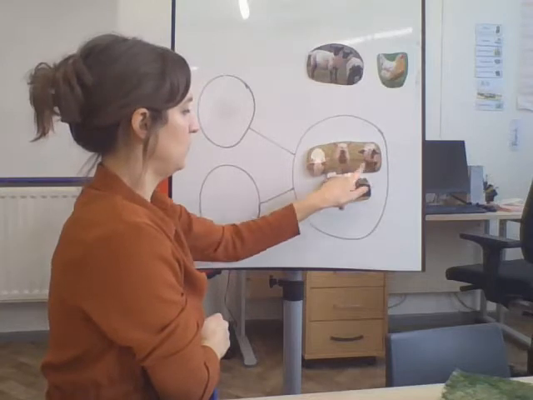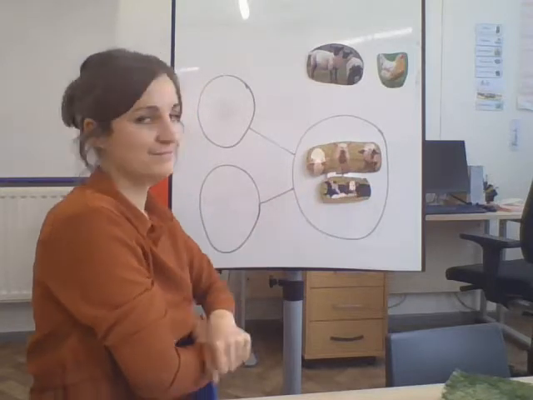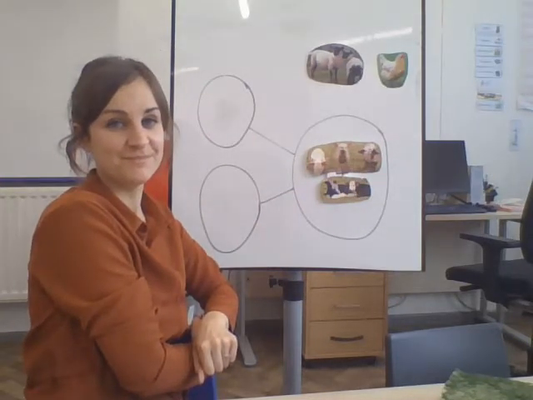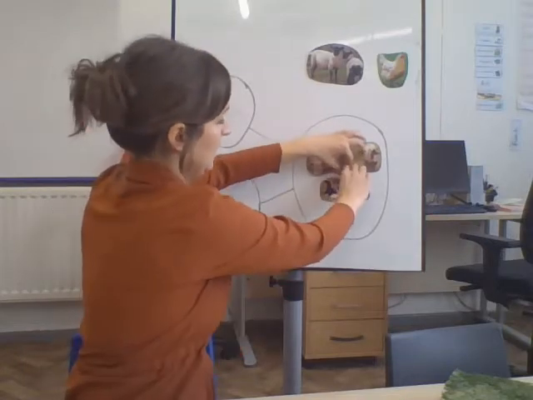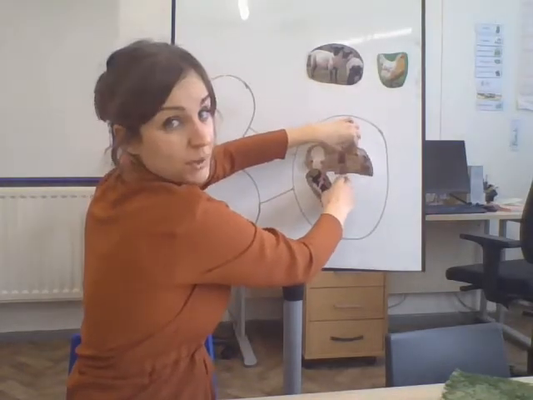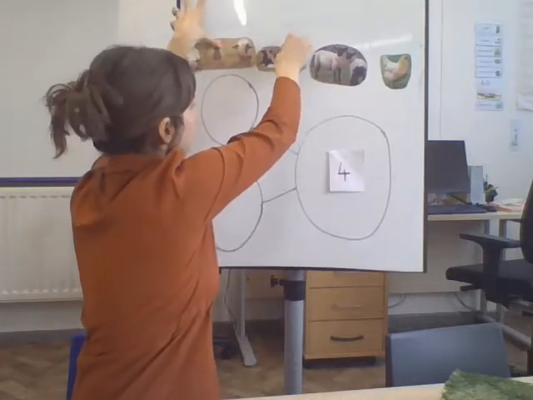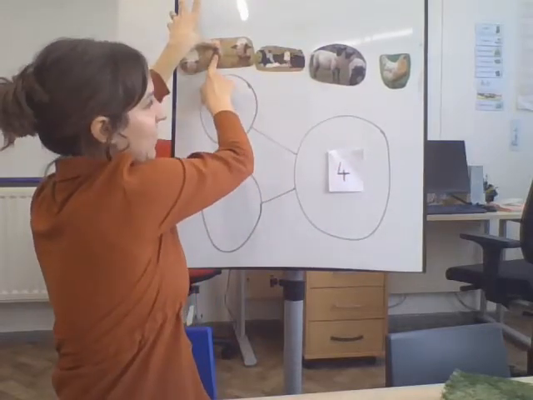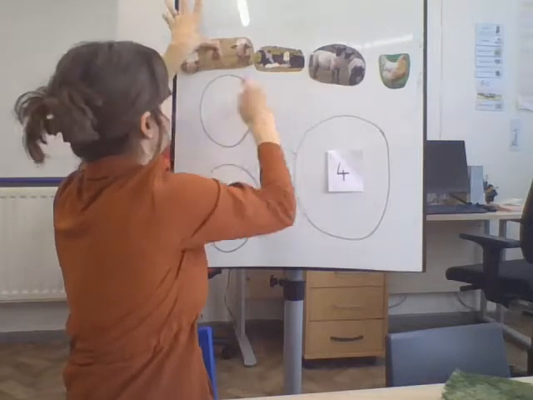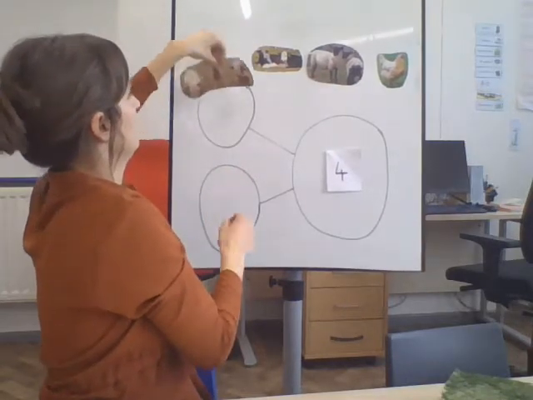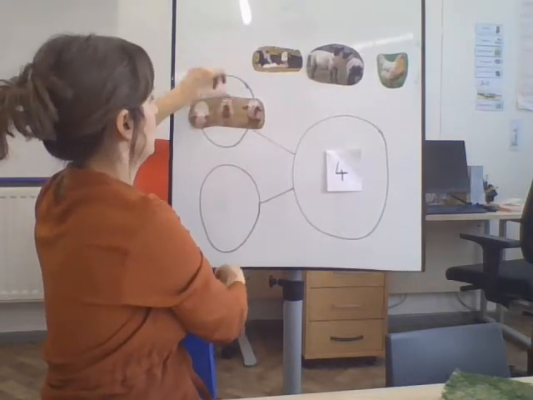1, 2, 3, 4, 5. Is that a right pairing? No, it's not those 2. The pigs and the cows are not sleeping in the barn at the moment because we only know there's 4 altogether. Okay, so I've done the cows. Now I'm going to have a go at doing the sheep. Piggies go in there.